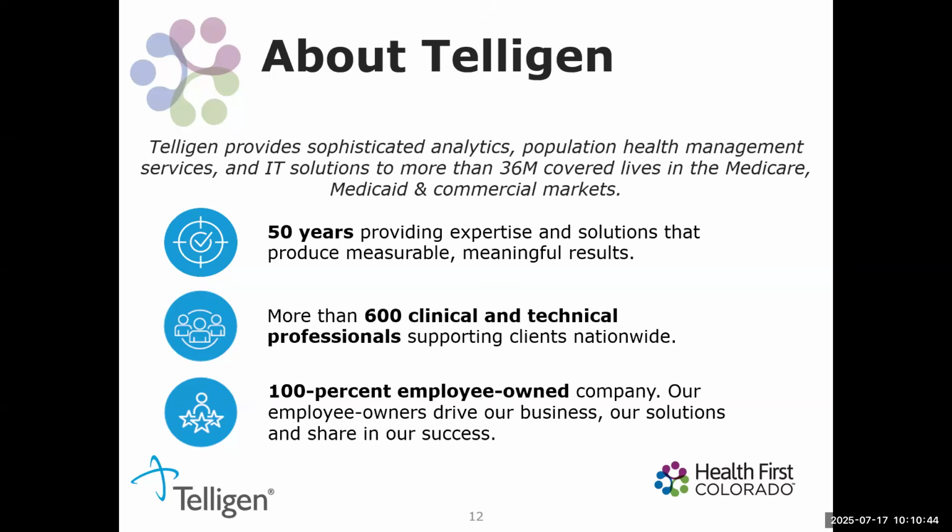We have over 600 clinical and technical professionals supporting clients nationwide. And our company is 100% employee owned. You're probably thinking, why is that important? Our employee owners drive our business, our solutions, and our success. So we have a vested interest in making sure that everything goes smoothly.